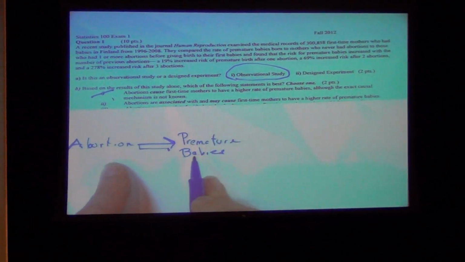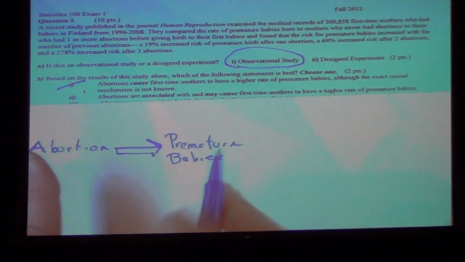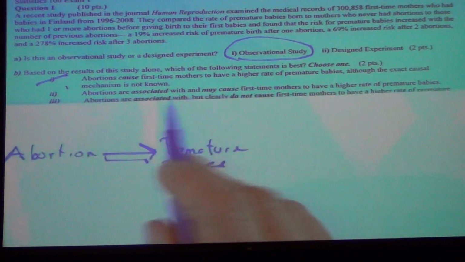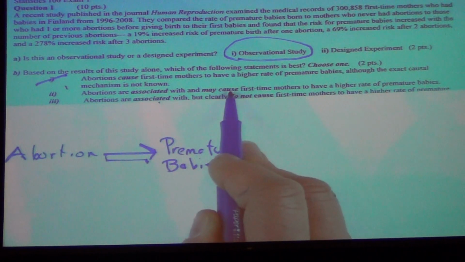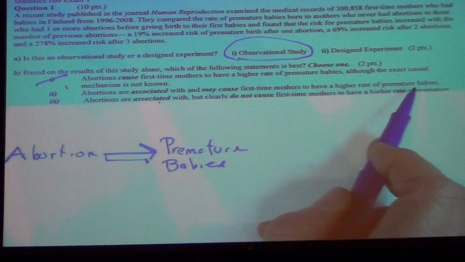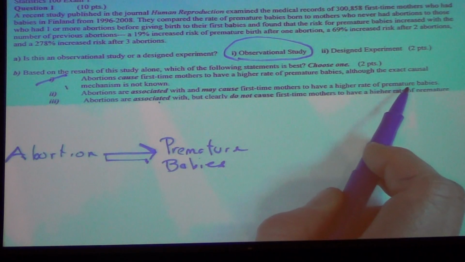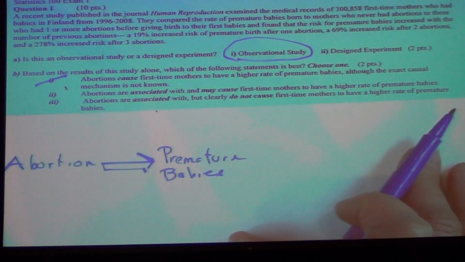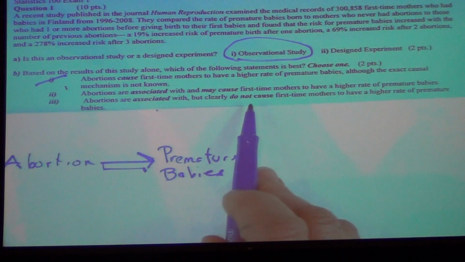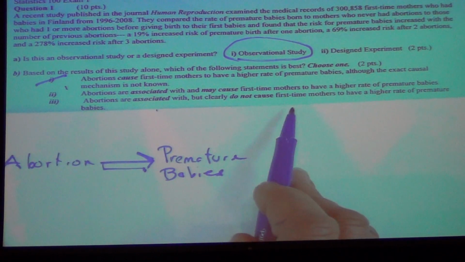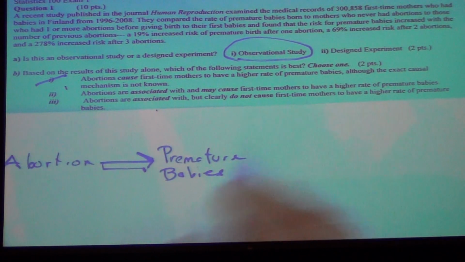Okay, let's read the next one. Yes, they're associated. That's what the study says. Abortion goes with prematurity. Yes, they're associated, and may cause first-time mothers to have a higher rate of prematurity. That sounds good. Let's read the last one: abortions are associated with, but clearly do not cause first-time mothers to have a higher rate.